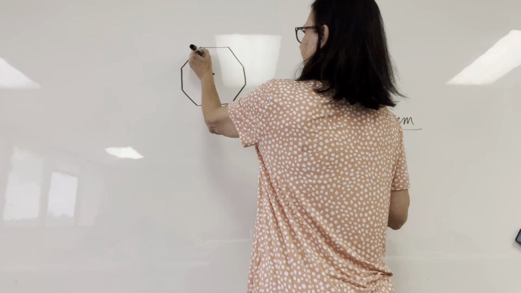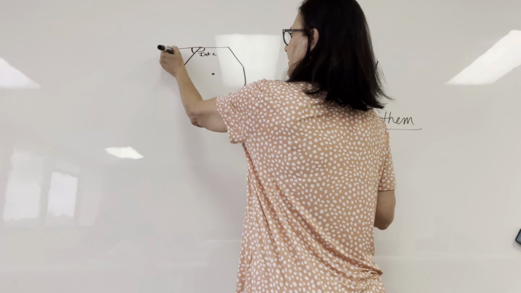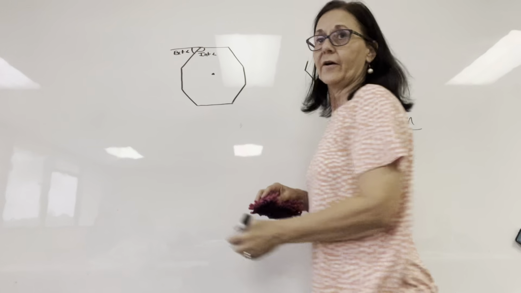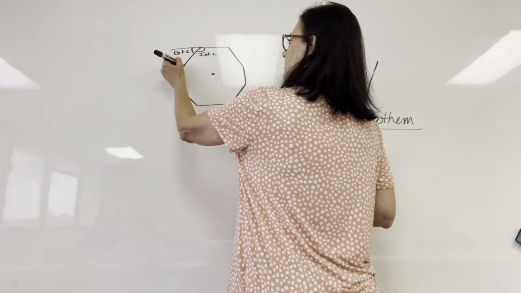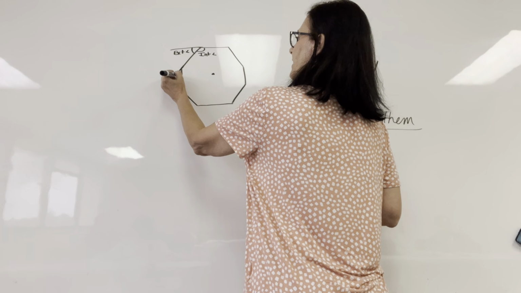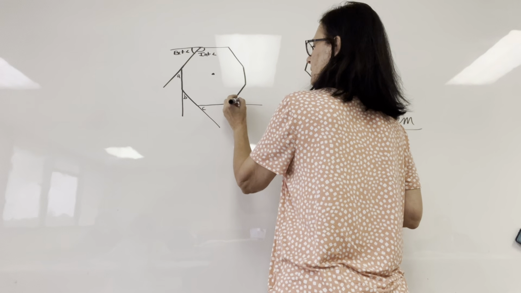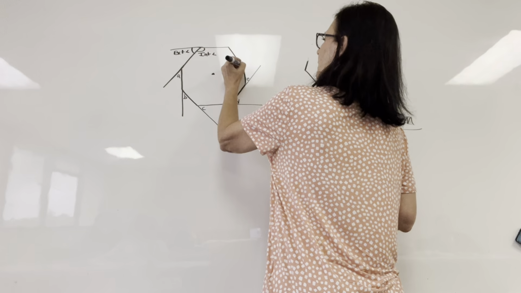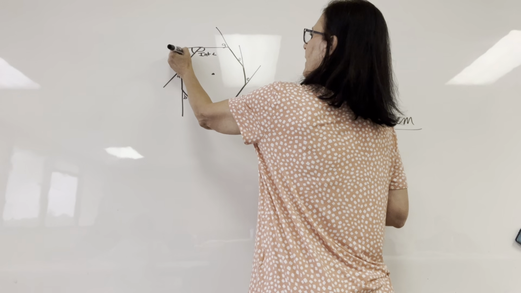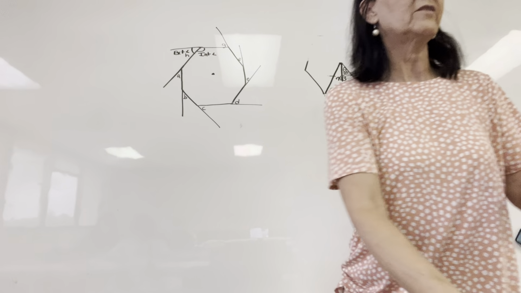This is an interior angle. Remember, here is an exterior angle. Do you remember those? It forms a linear pair. And do you remember that if I added all of the exterior angles going around, we'll call that H. If I added all those angles going around, all the exterior angles, the sum would be 360.